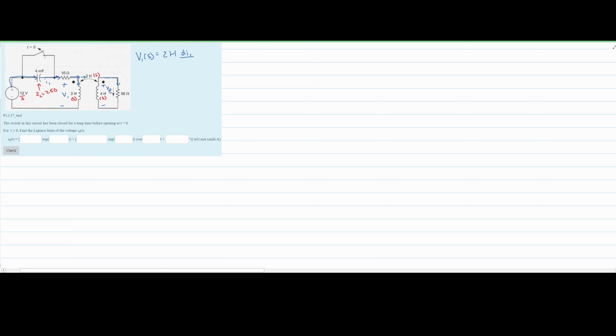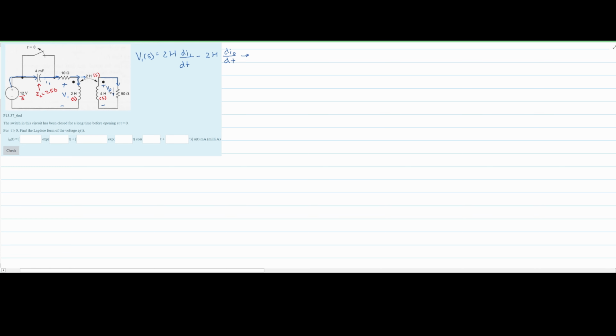I covered it with the V0, but it says I0. We'll have a minus 2H, and this minus 2H comes from some current being shared with this other inductor, and it's negative because of the dot convention, and then this is going to be di0 divided by dt. So that's how that is going to look.